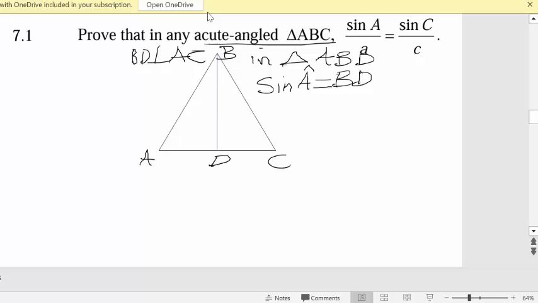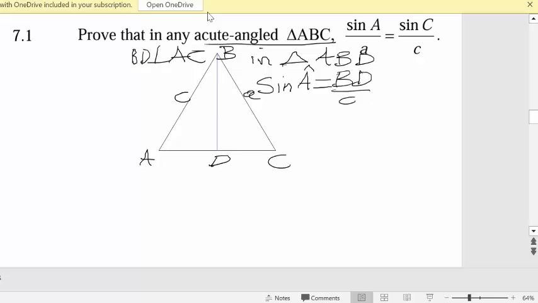Remember, sine A is equal to y over r, so it's this over this side. Clearly this side will be the small c, and this side will be the small a. So sine A is equal to BD over c in triangle ABD.